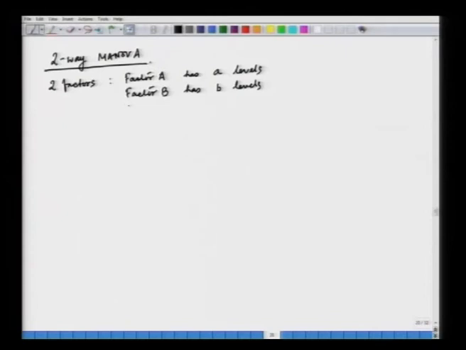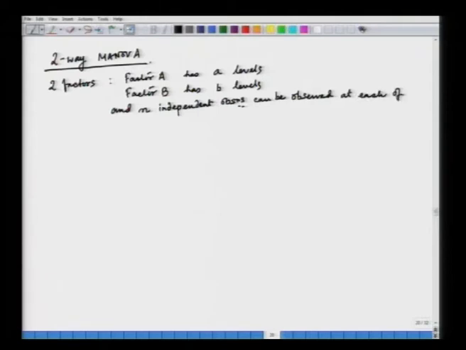But one thing we consider is that, at least initially, we have n independent observations that can be observed, collected, or monitored at each of the combinations.